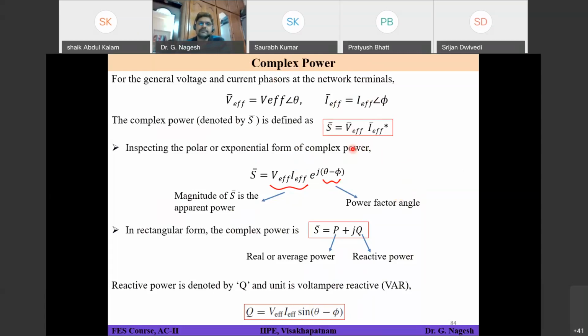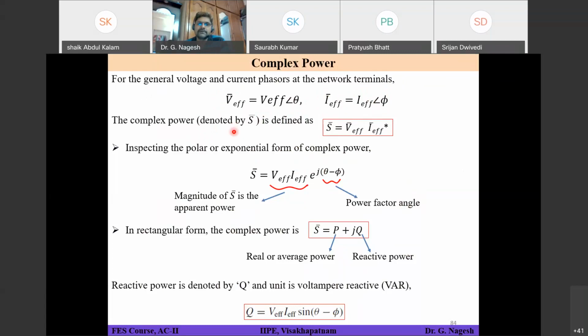The next term is complex power. For the general voltage and current across the terminals, this is your phasor voltage, given as V effective at an angle of theta, and phasor current, given as I effective at an angle of phi. How do we find the complex power?